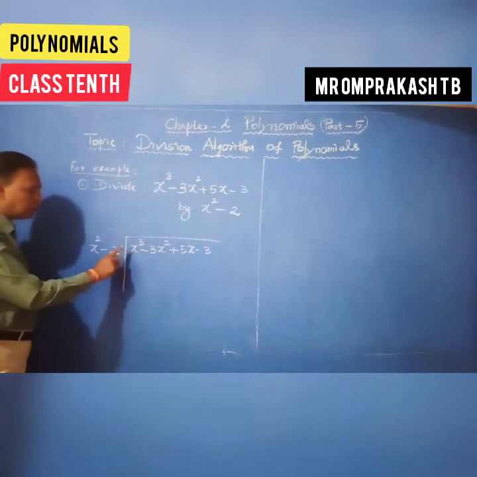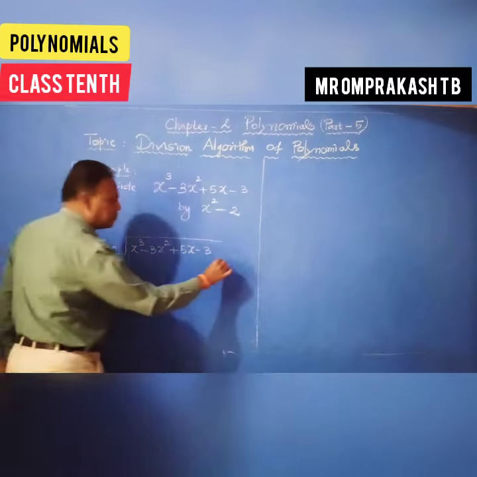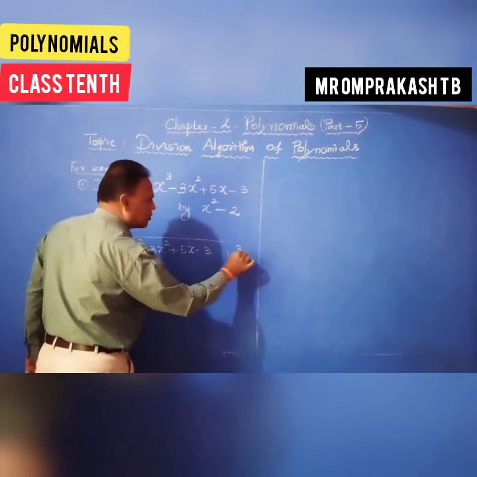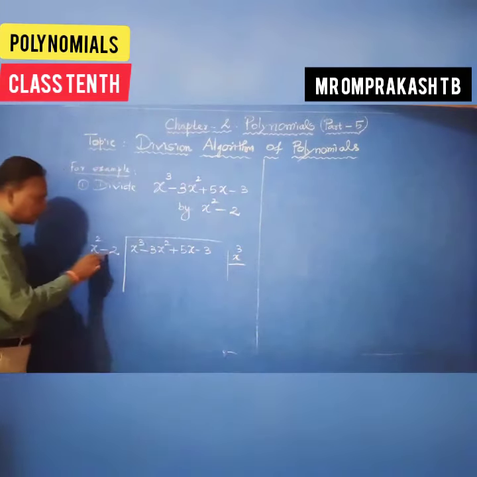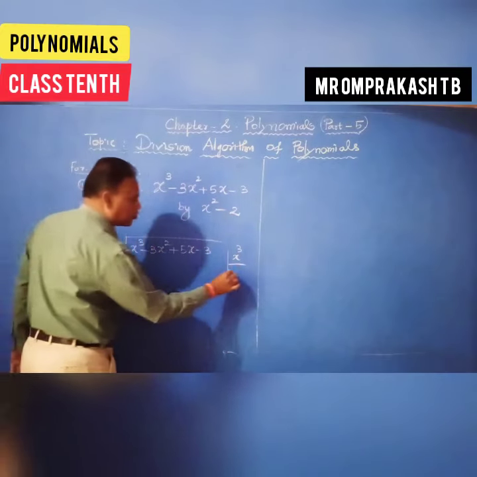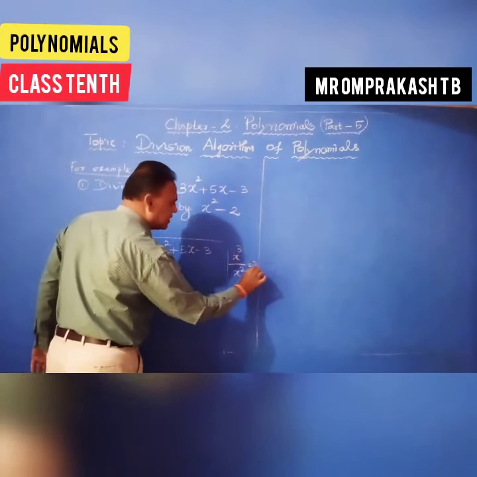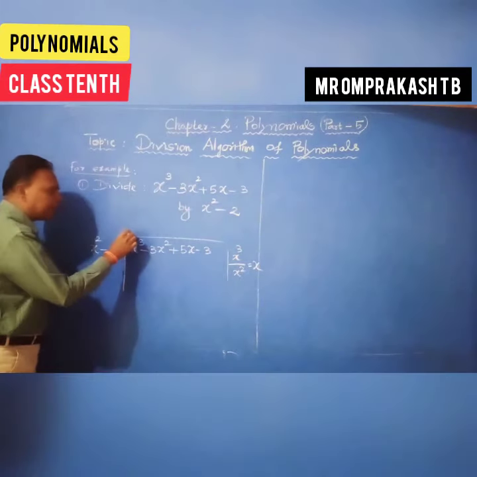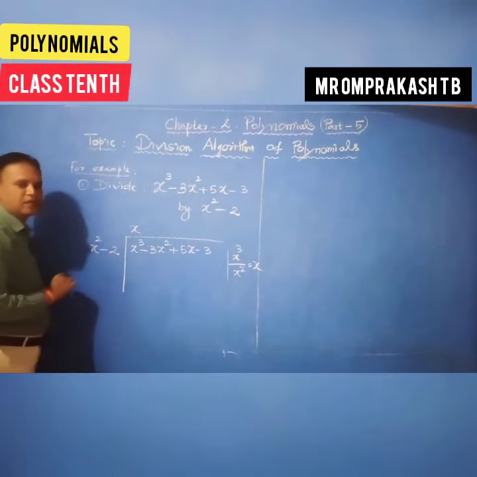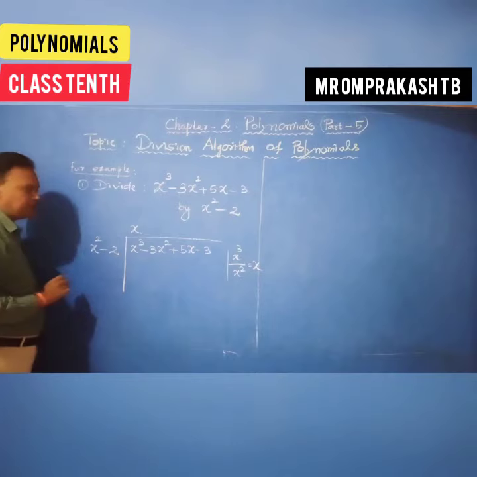Now you see how to reduce: this polynomial's first term, you divide by this polynomial's first term, x squared. Dividing, what will you get? x. This x you write in the quotient.